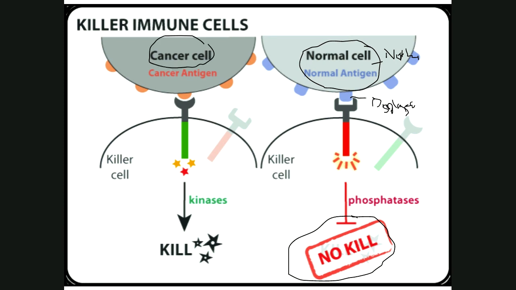This cell is a cancer cell and it displays something odd. That is not normal. It doesn't look like this over here. And when the killer cell sees this, it releases those perforins and kills the cell.